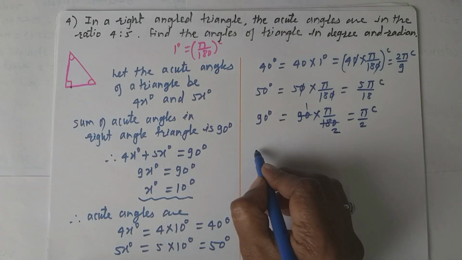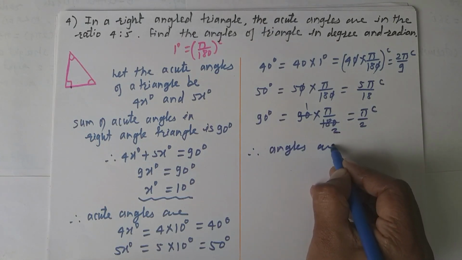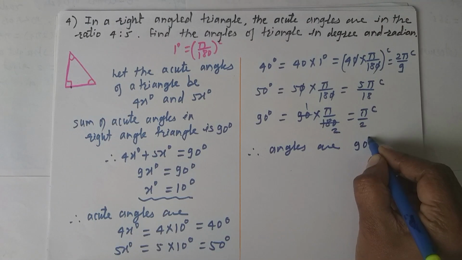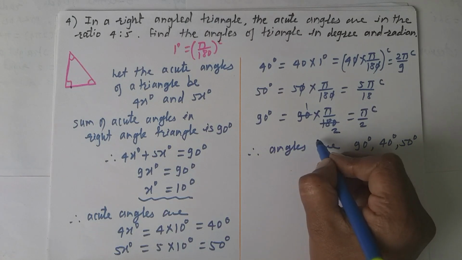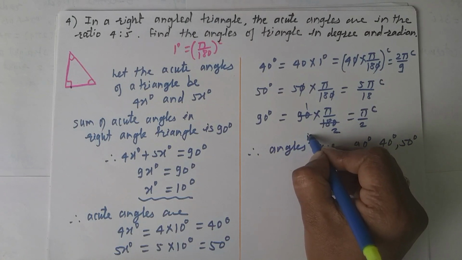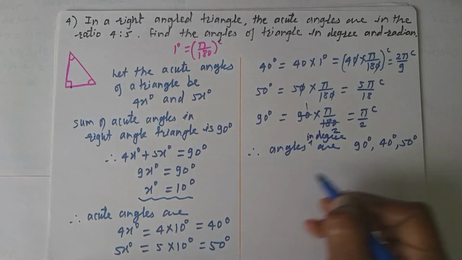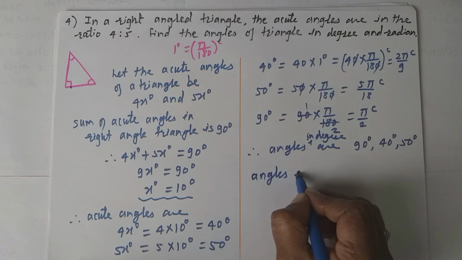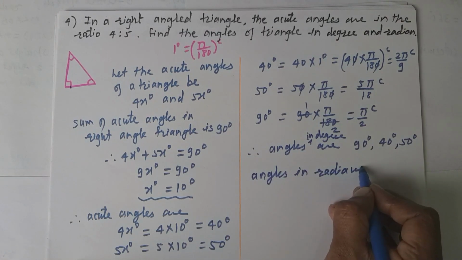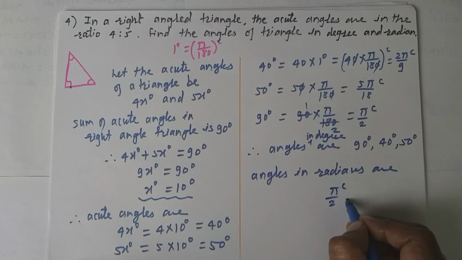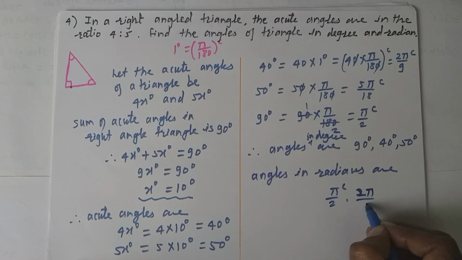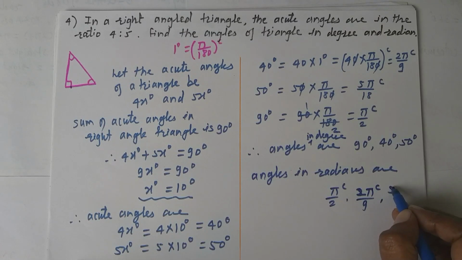Okay. Write down, therefore, the angles are 90 degree, 40 degree and 50 degree. Angles in degree are, and angles in radians are: in radians, 90 means pi by 2, 40 means 2 pi by 9 radians, and 50 means 5 pi by 18 radians.